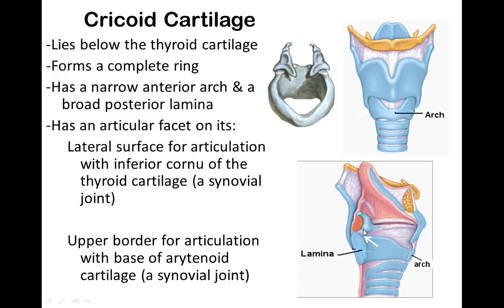Here there is a synovial joint. This small cartilage is the arytenoid, articulating with the cricoid, and this joint is a synovial joint. And the lateral surface of the cricoid articulates with the big cartilage, which is the thyroid cartilage, and also it is a synovial joint.